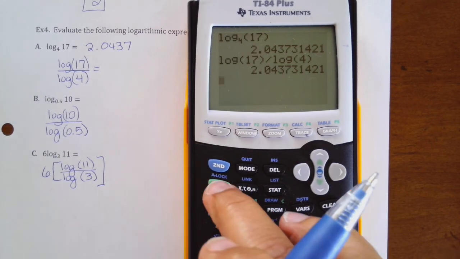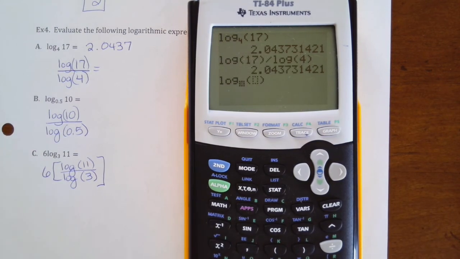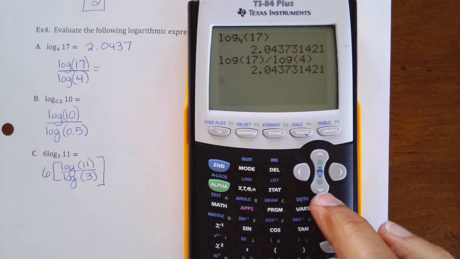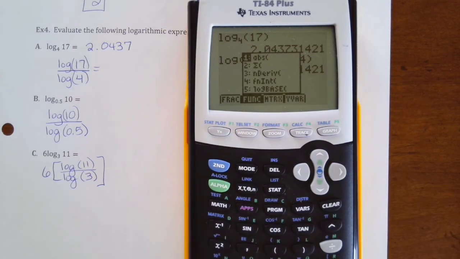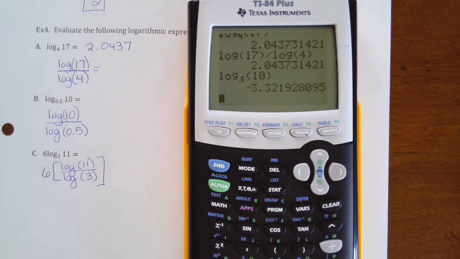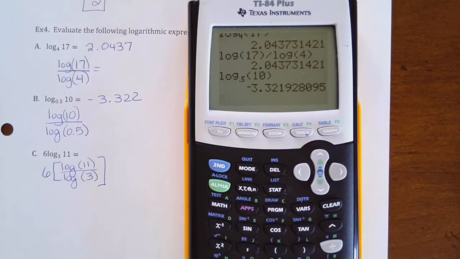So let's do B. I'm going to do alpha F2, number 5, and I will put in 0.05 for my, let me get rid of that, start that again. Talking and doing too much at one time, so 0.05 is the base, and then 10, okay? So either way will get you negative 3.322, round it.